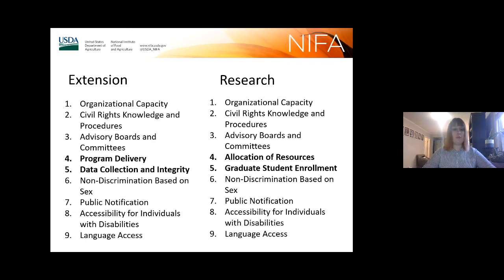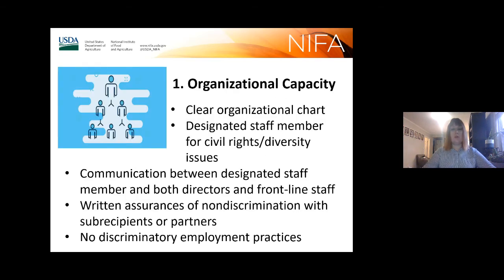So just briefly, again, as an overview of these civil rights topics and what they mean, what we're looking for.